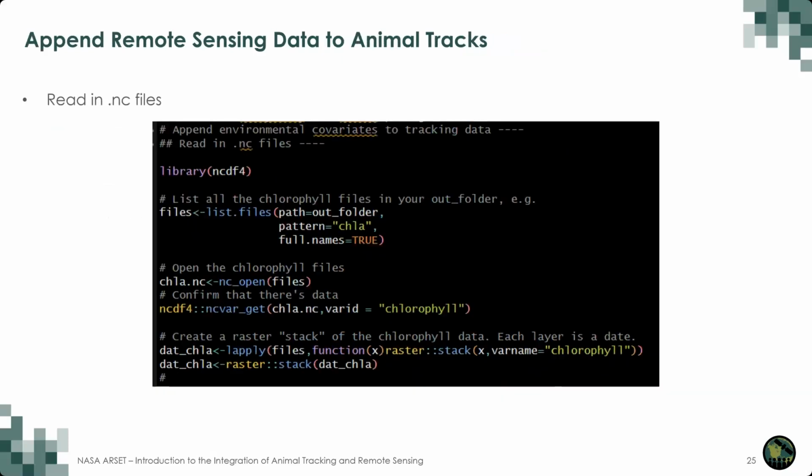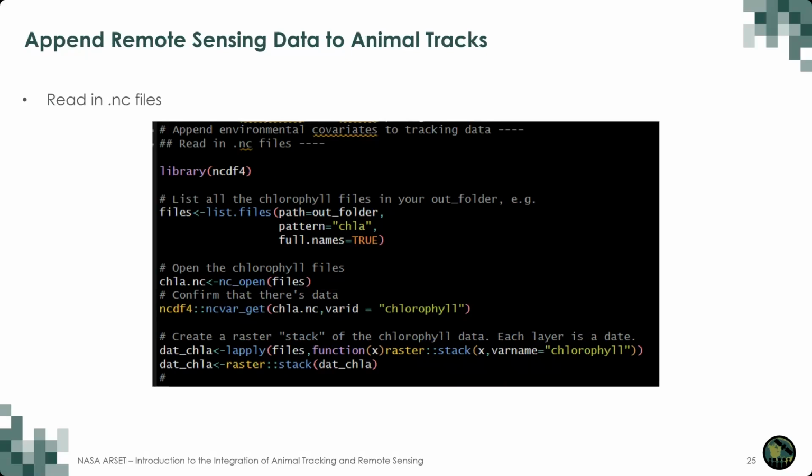So once we have all of our environmental variables, then for the model we want to attach them to our tracking data set. I'm going to cut to RStudio in a second to show you what that would look like. But here's just some code to demonstrate how you would load your files into the R environment.